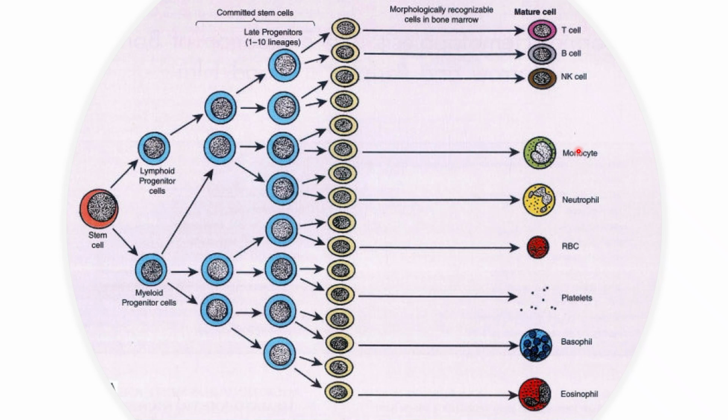So if you talk about the report of a normal CBC, we have different kinds of differential. When we do the differential count, we have different kinds of WBCs. Some of the WBCs come from the myeloid progenitor cells, like the monocytes, neutrophils, basophils, and eosinophils. The lymphocytes come from the lymphoid progenitor cells. And then we have RBCs and platelets.